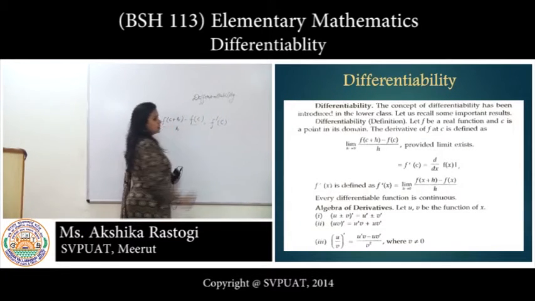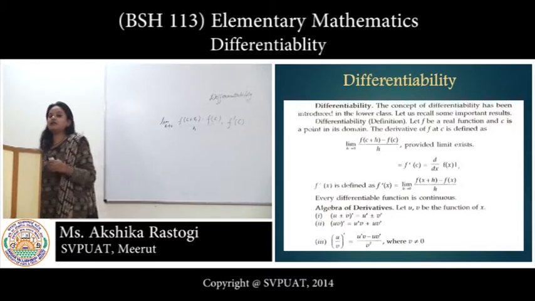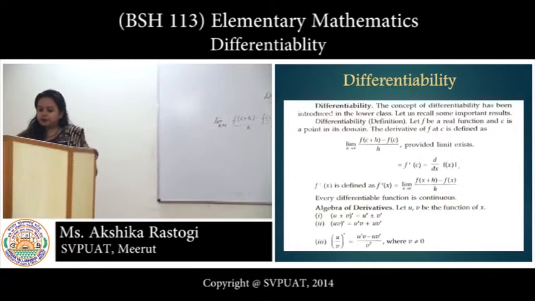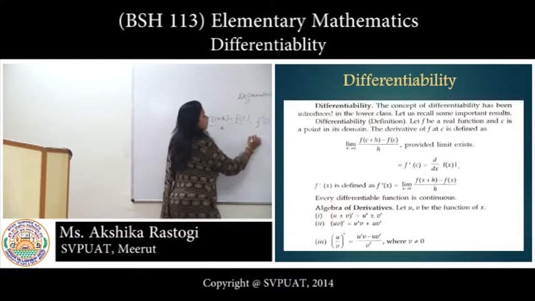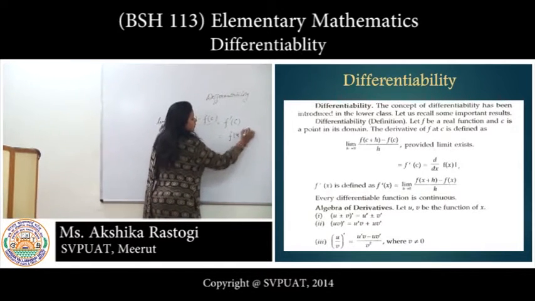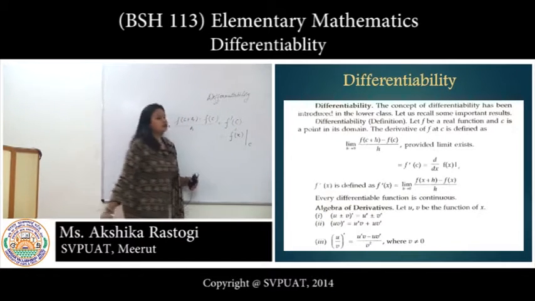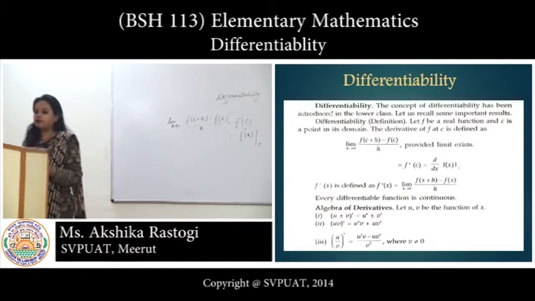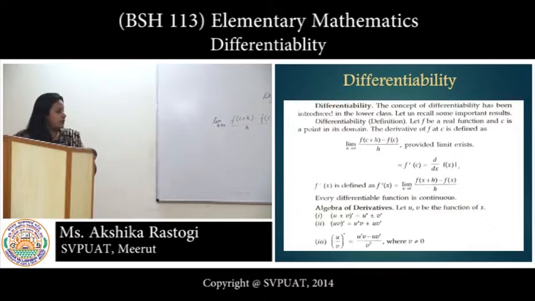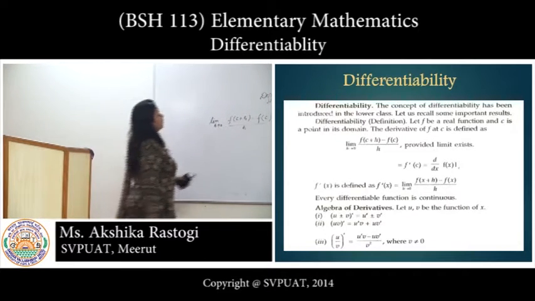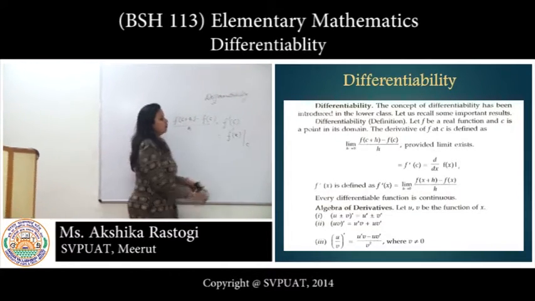Normally this dash represents that we are differentiating a function, and we put the value of c. So we can write it as d over dx, or we can write it as f dash x at c.